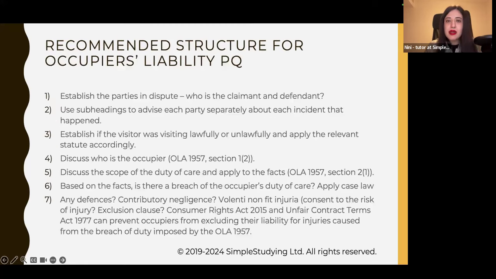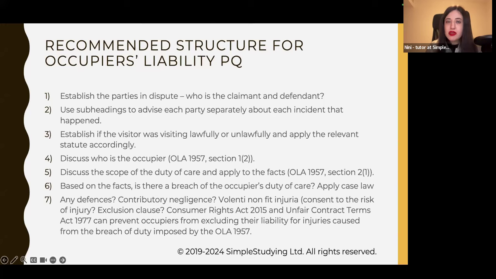Therefore, to sum up, the recommended structure for answering a problem question on occupiers' liability is the following. First, establish the parties in dispute. Who is the claimant? Who is the defendant? Use subheadings to advise each party separately.